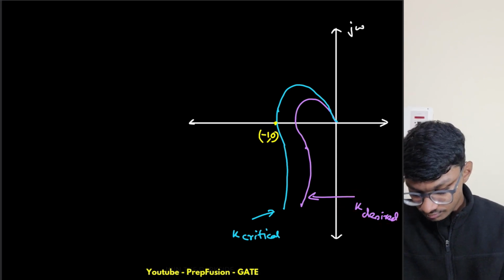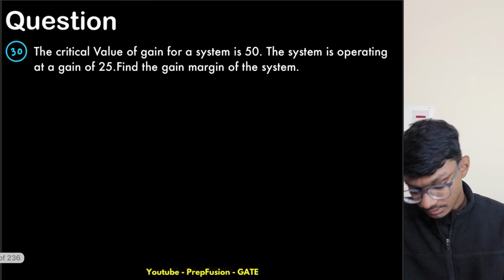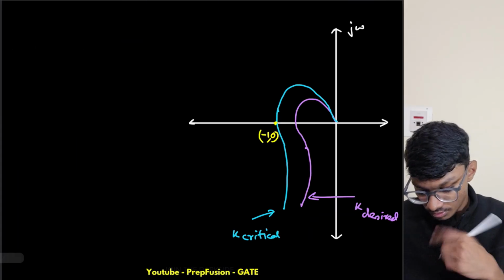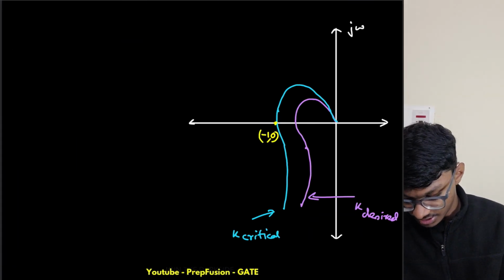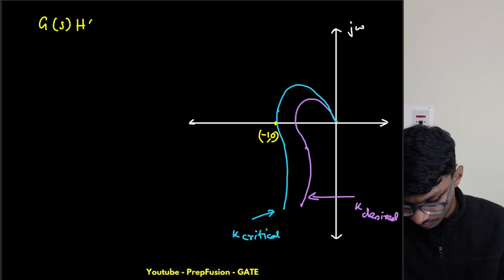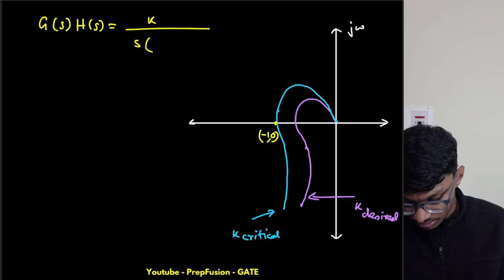So now, what can I write? Let me write my G(s)H(s): k by s (τ1 s plus 1)(τ2 s plus 1), right?